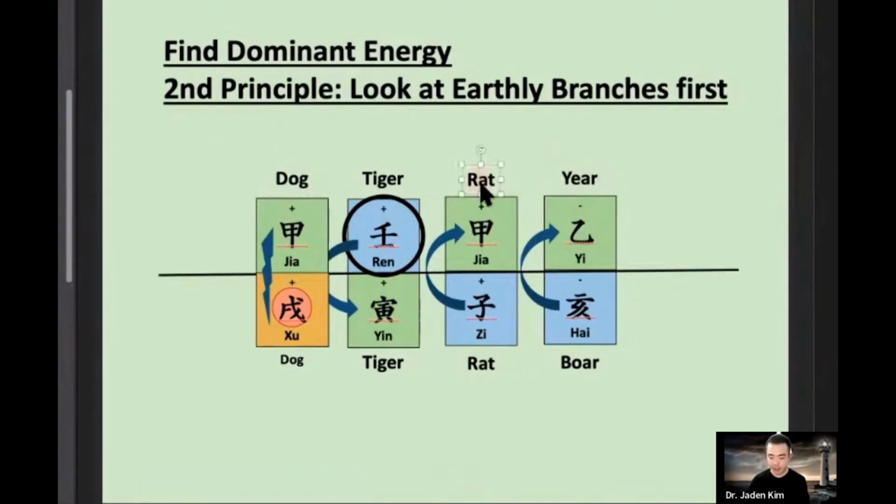So this is year, month, day, and hour. And as Jonathan said, most of the time, as I explained in the video, the monthly branch takes most of the dominant energy, but not 100%.